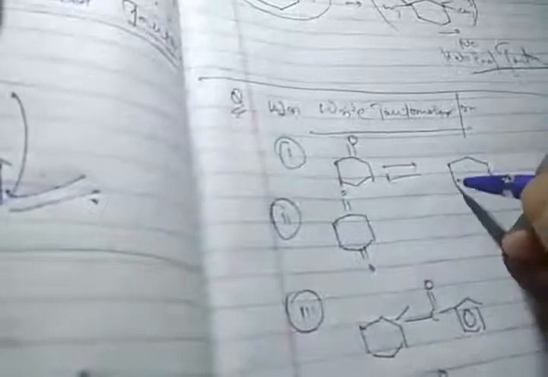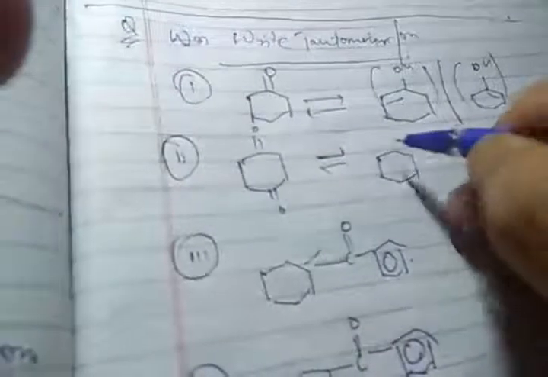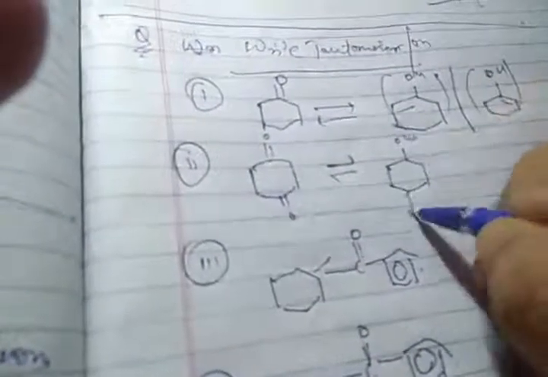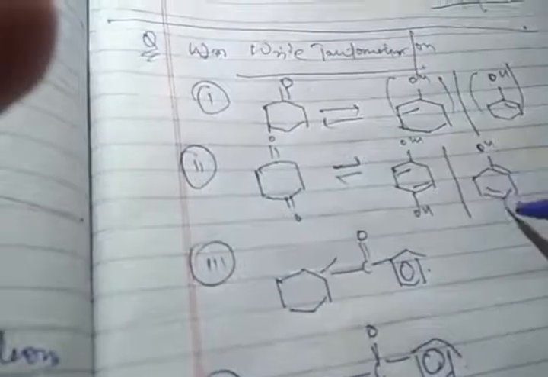Now, in this case, okay, let me shift the copy over here. Now, in this case, is it a tautomer or not? Yes, it's a tautomer. Before only I had shown. So this is OH. It could be here only, here also, or it could be here also. Now, OH, this or this, or OH, this or this.